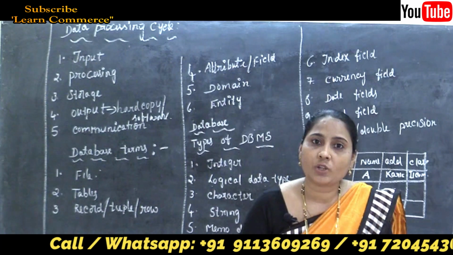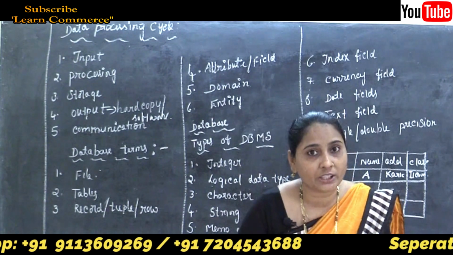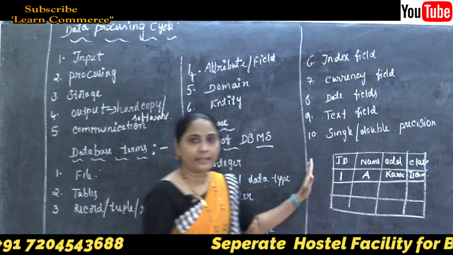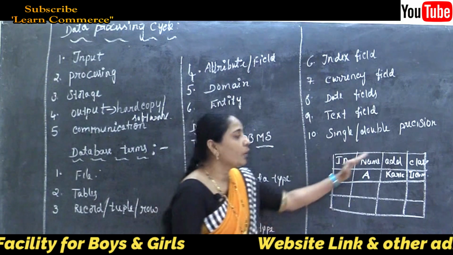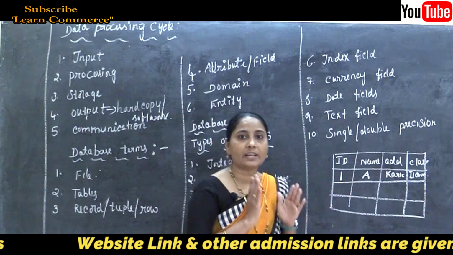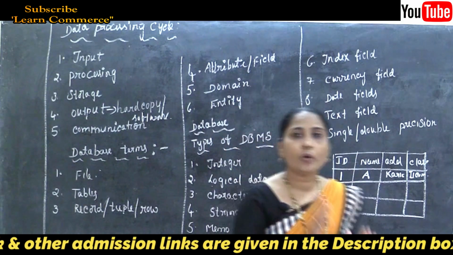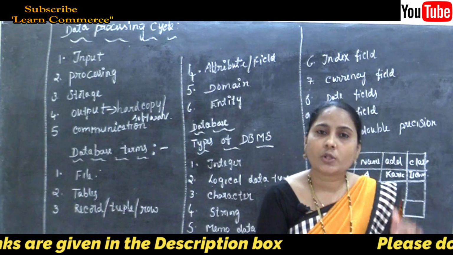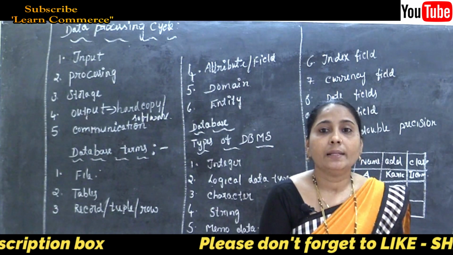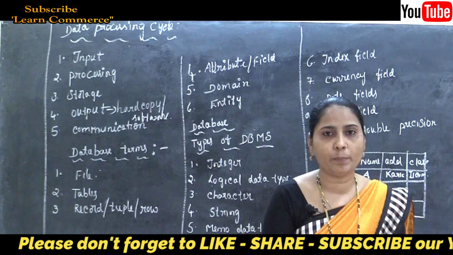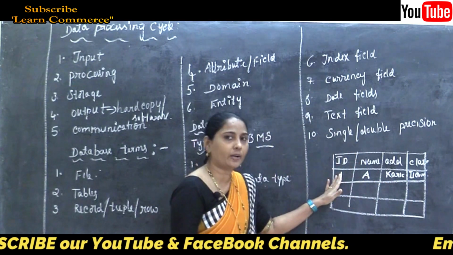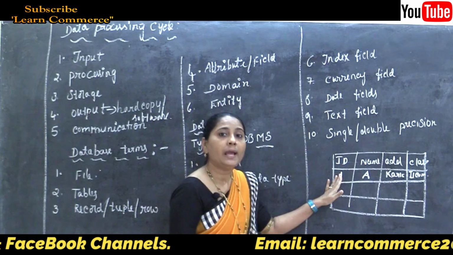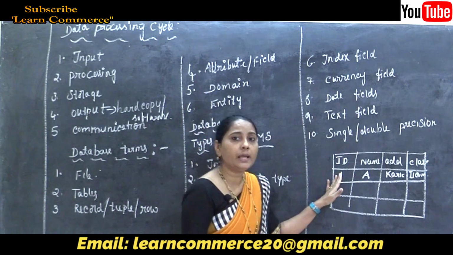Why is it called a representation of relation? Because in a table, the data is organized in terms of rows and columns, so there is a relation between rows and columns. So simply we can say that the table is the simplest form of data storage. By using the rows and columns, we are going to store the data, and that is called the table.